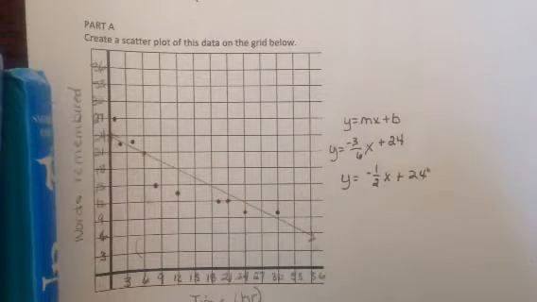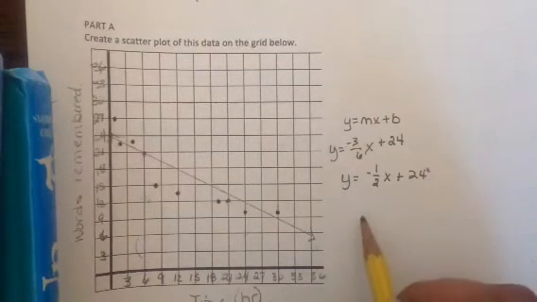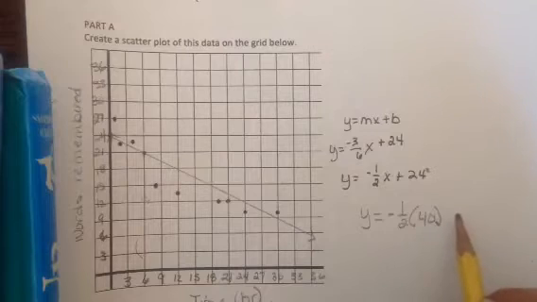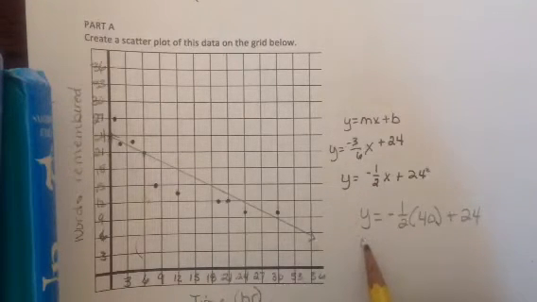If my x is hours and I want to know how many words, I'm going to plug in 40 for x, and then solve it. The number of words remembered, which is y, is equal to negative 1/2 times 40, which is negative 20, plus 24, so y is equal to 4.